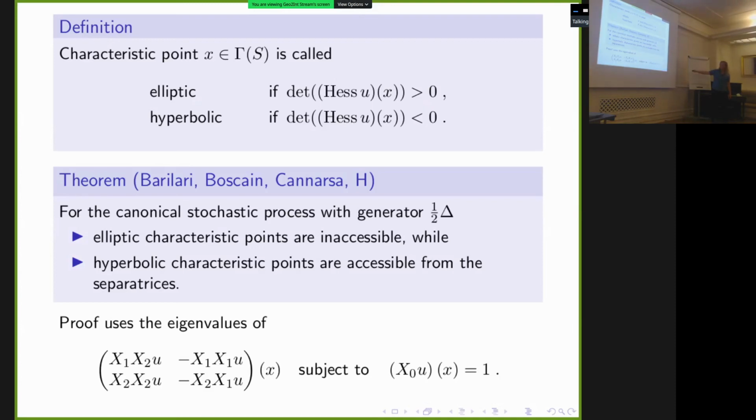Normalizing means that, because the surface is given as the level set of u, we have a choice of how we choose u. So we choose u so that at the characteristic point we want to understand, x0 applied to u evaluated at x is 1. It means that the trace of this matrix is 1, so the two eigenvalues add up to 1.